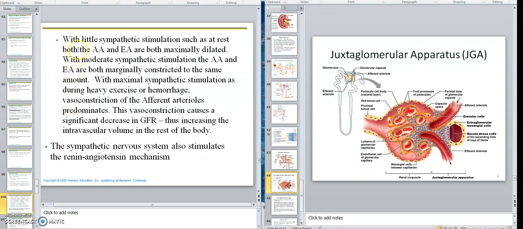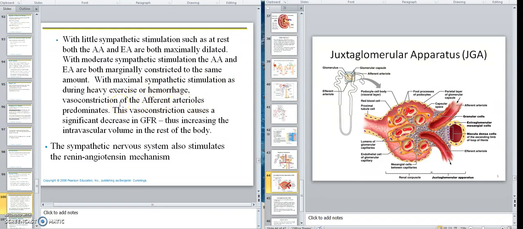Okay? With little sympathetic stimulation, as at rest, both the afferent and efferent are maximally dilated. With moderate sympathetic stimulation, just a little bit, the afferent and efferent are both marginally constricted to the same amount. With maximal sympathetic stimulation, as during heavy exercise or hemorrhage, vasoconstriction of the afferent arterioles predominates.